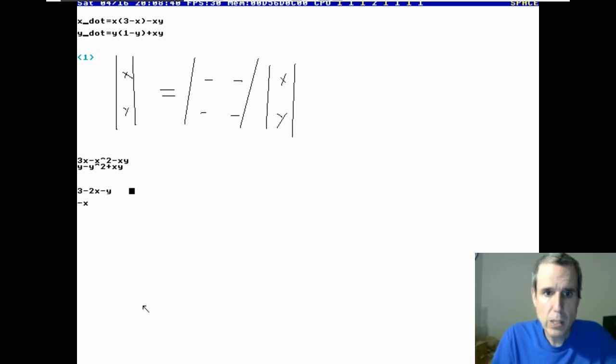The partial of y dot with respect to x is y, and the partial of y dot with respect to y is 1 minus 2y plus x.